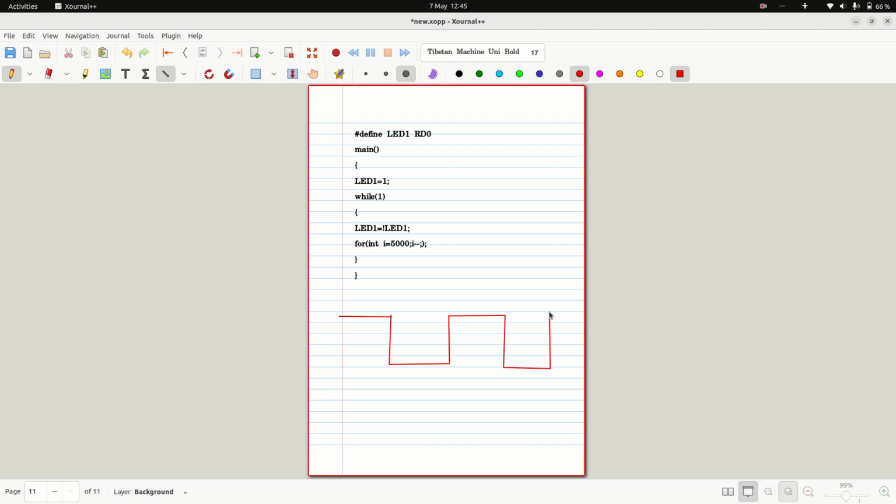So instead of LED I am assuming the variable as clock pulse. So in place of LED I am going to write CP. Okay, let us write one more code. So here I am going to write CP.